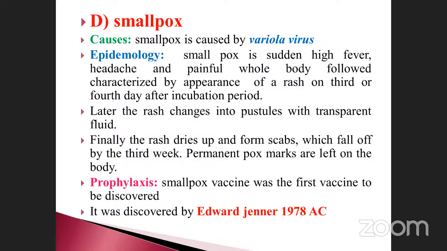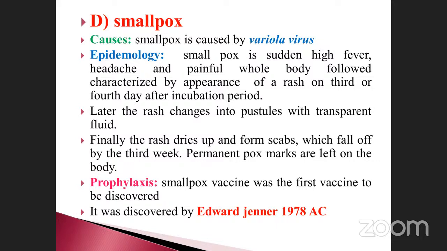The next one is smallpox. It is also one of the viral diseases, caused by variola viruses. Note it down: smallpox, variola. Epidemiology: smallpox is characterized by sudden high fever, headache, and painful whole body, followed by the appearance of a rash on the third or fourth day after the incubation period. Same thing, similar to chickenpox.